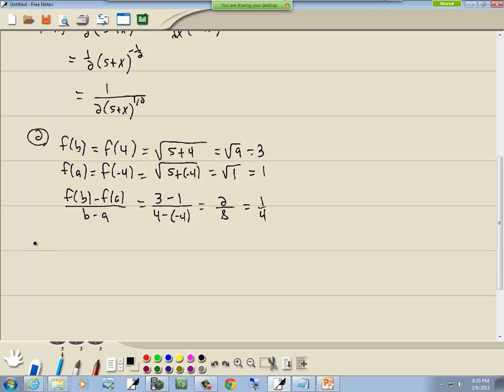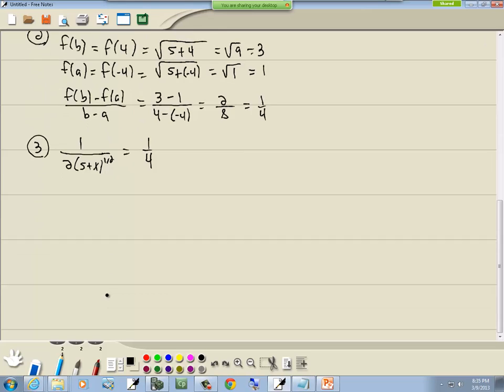Step 3. Set your derivative equal to the value we just found, so equal to the 1/4. Now, there's different ways you can solve this. This is a proportion, so you can cross multiply. Take the 2 times 5 plus x to 1/2 times 1 and the 1 times 4 and set them equal to each other.